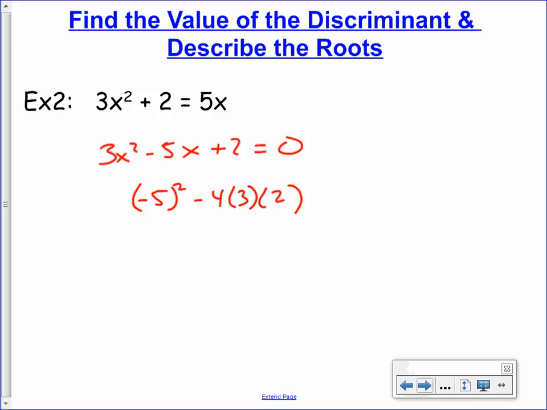Did everybody else get 1? Yeah. And since 1 is bigger than 0, it's 2 distinct real roots. Sweet. Good job, Shreya.